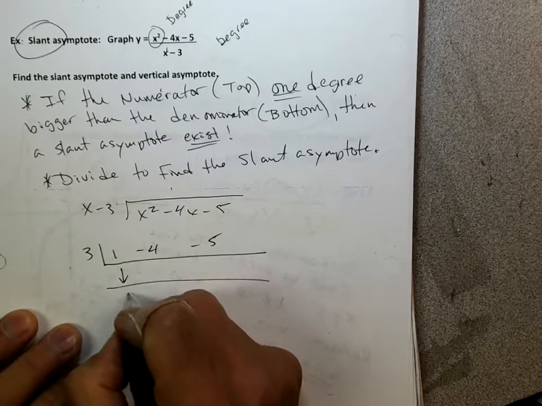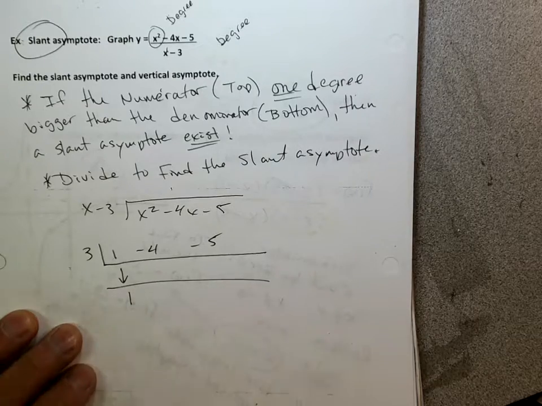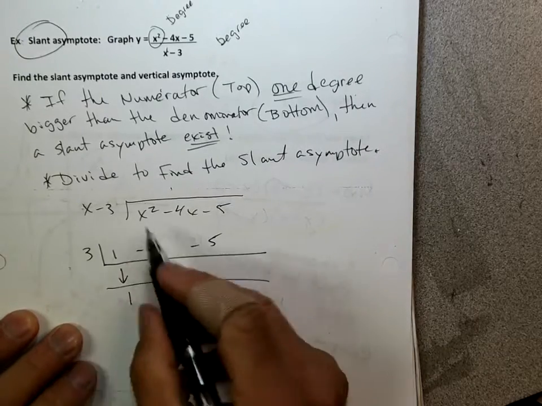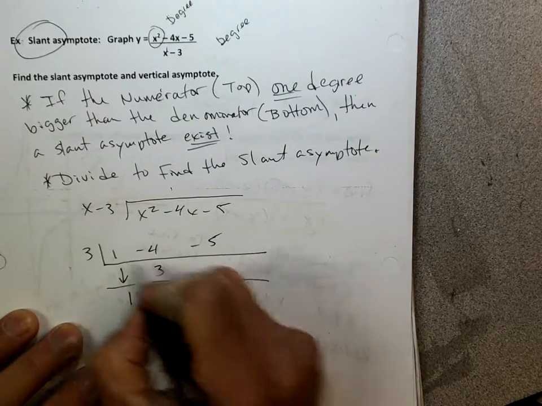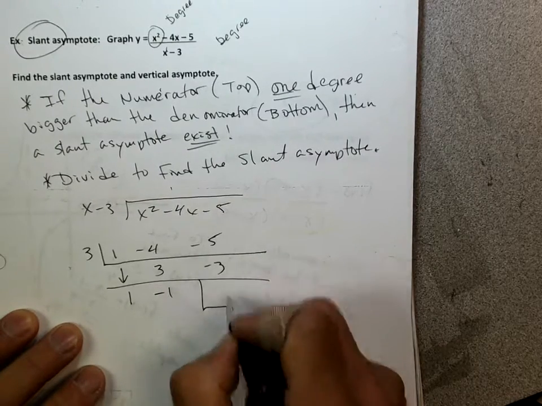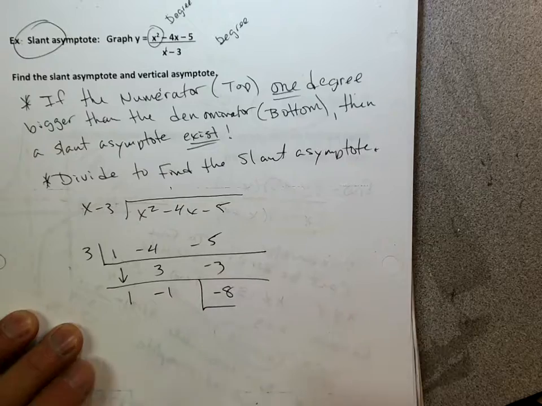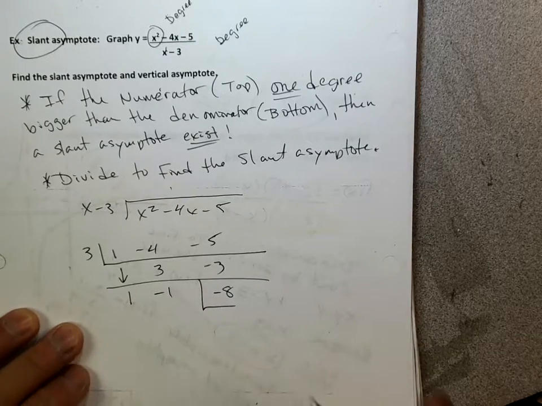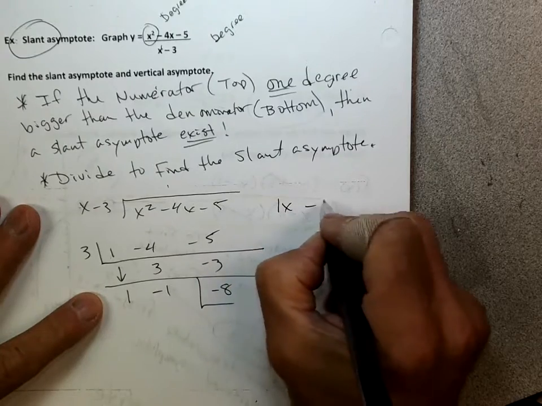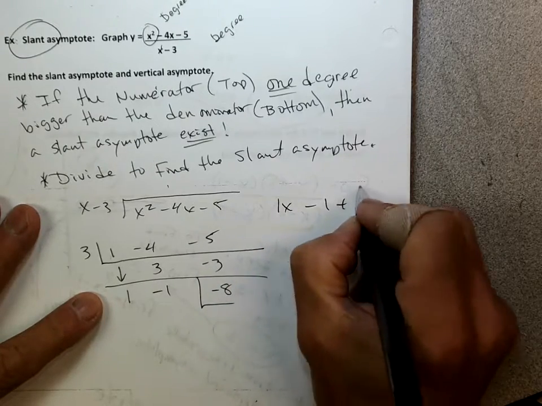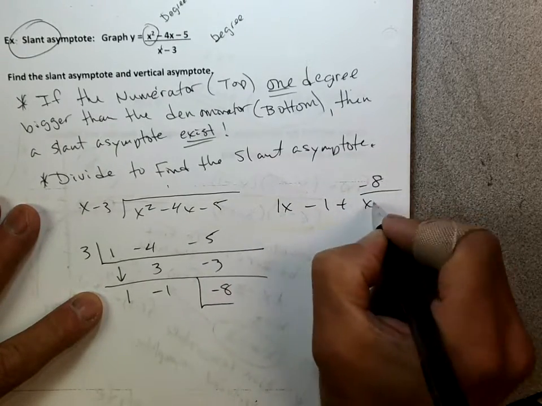Bring down the first term, bring down the 1. 1 times 3 is 3. Negative 4 plus 3 makes it negative 1, then 3 times negative 1 is negative 3, so we get a remainder of negative 8. So our answer would be 1x minus 1 plus negative 8 over x minus 3.